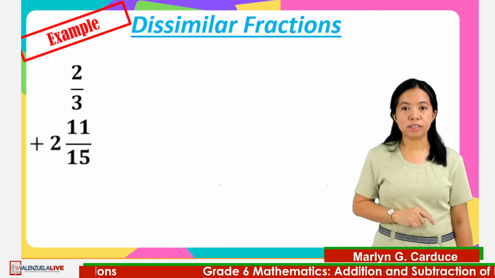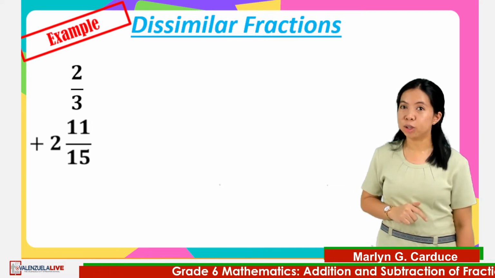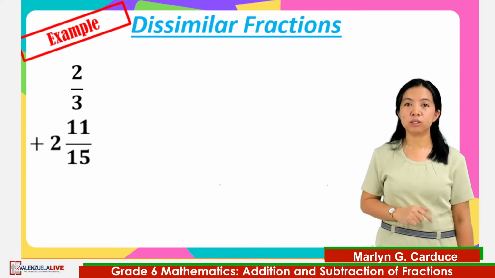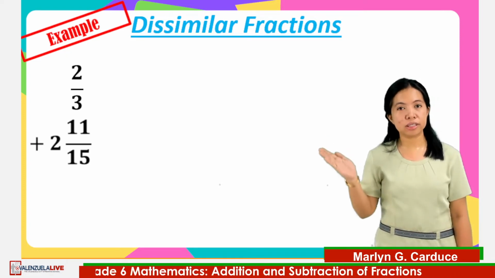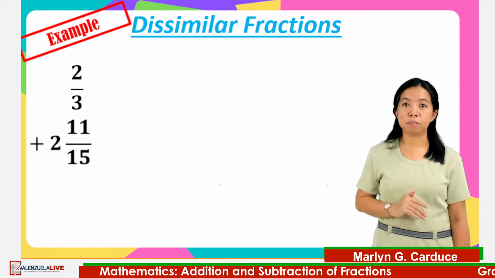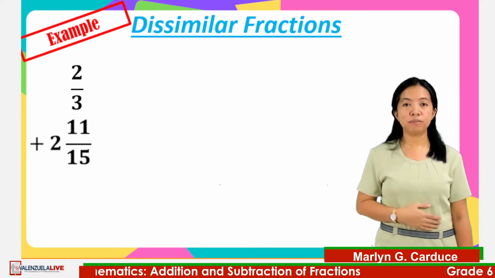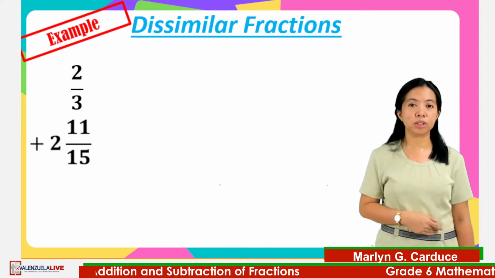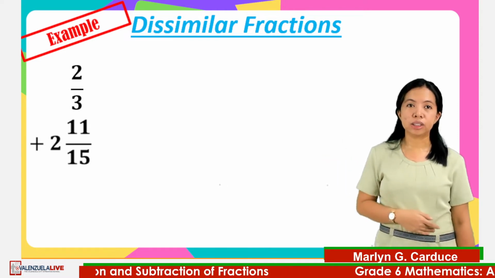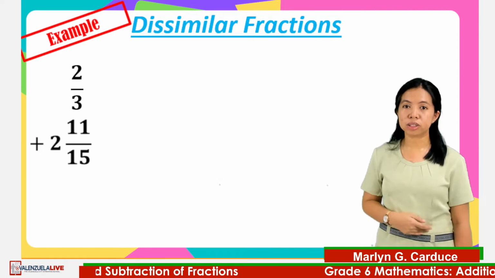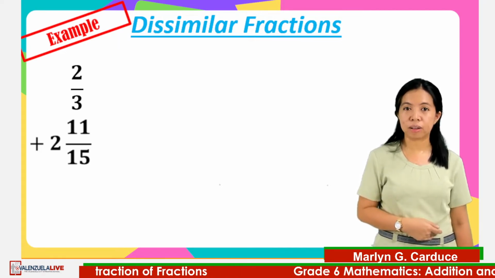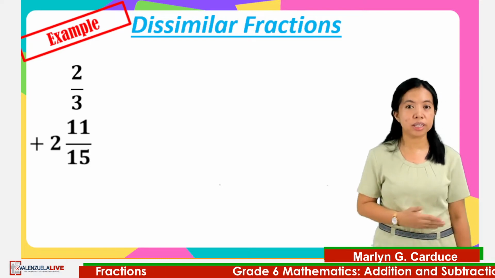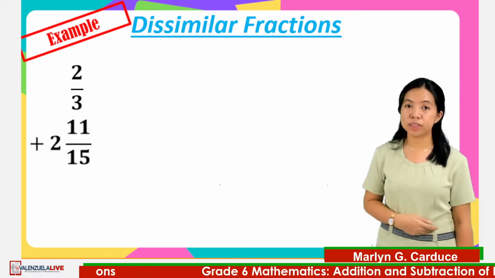Okay, so let's add 2/3 and 2 and 11 over 15. As you can see, the given fractions have different denominators, so we will look for the least common denominator of the two. So what is the least common denominator? Okay, so we will look first for the least common multiple of the denominators 3 and 15.